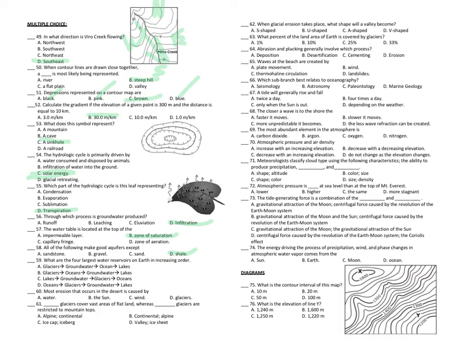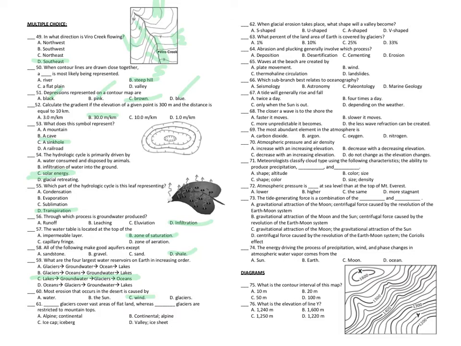In increasing order. So that means that the largest thing that we're looking for should be on the right-hand side. And when I do that, I only see one with ocean. Most erosion occurs in desert by wind. Wind picking things up. That's why we have dunes that are being picked up and moved and then deposited.